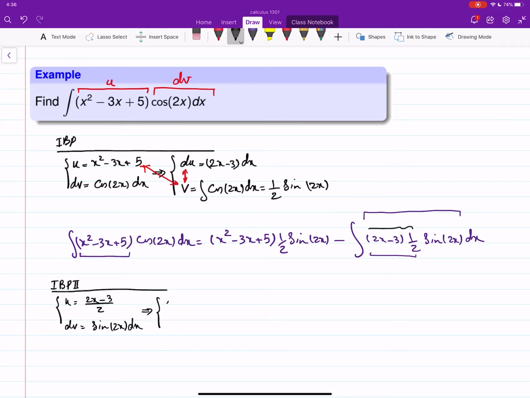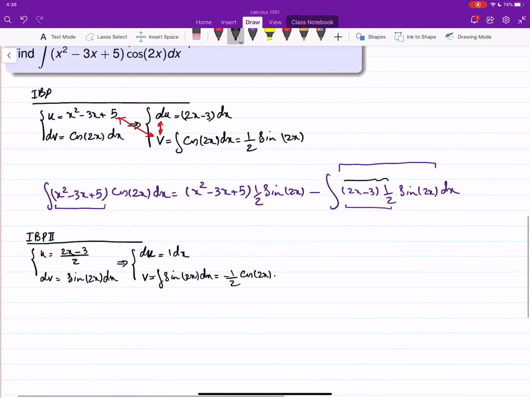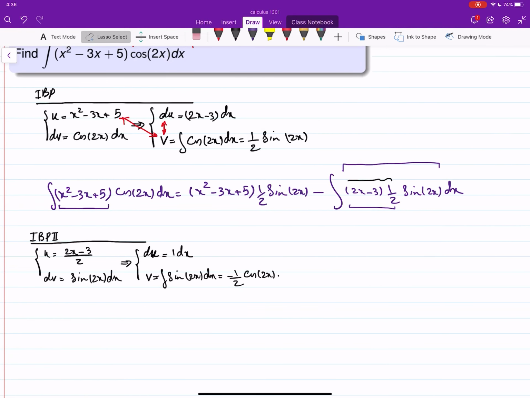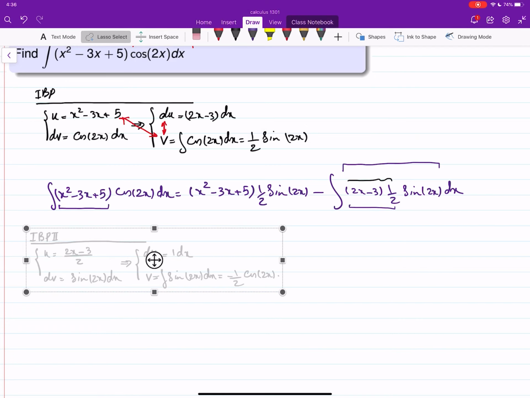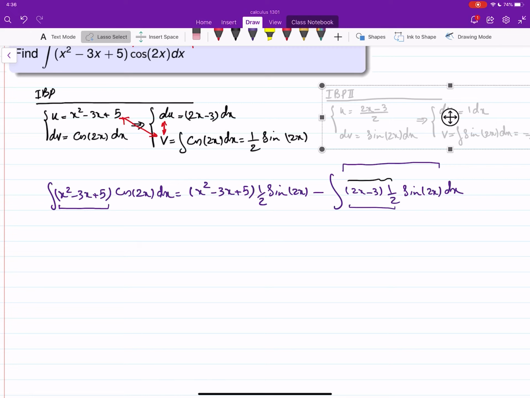As a result of that, we have du equals 2x over 2, which is just x, minus 3 over 2, the derivative is 1 dx, and v is the integral of sine 2x dx, which will be negative 1 over 2 cosine of 2x. As I said before, you can do that part by just doing the substitution. Okay, let me take this and put it up there. That's our second IBP, integration by parts.